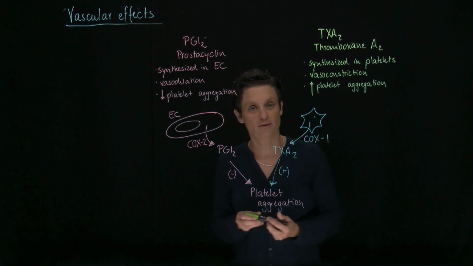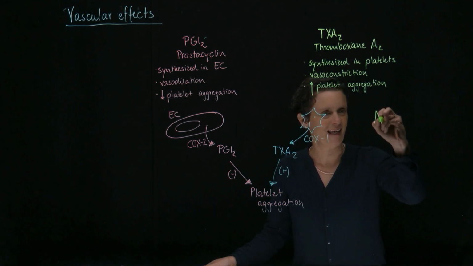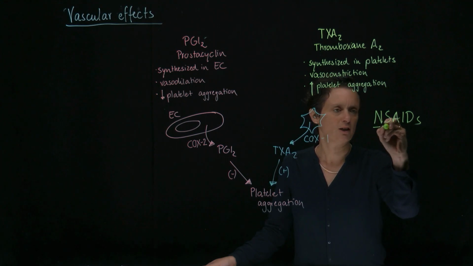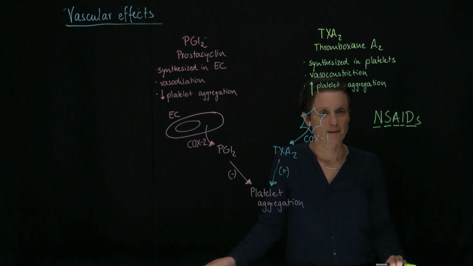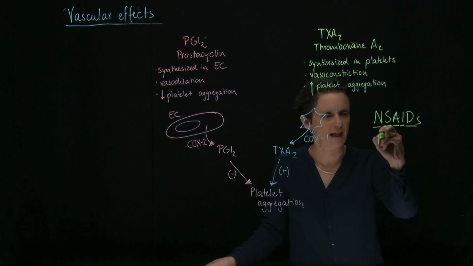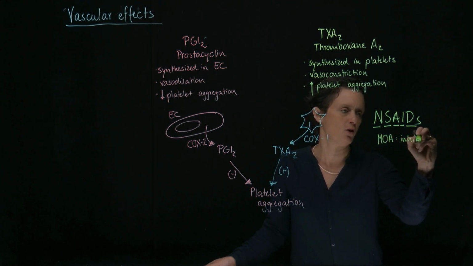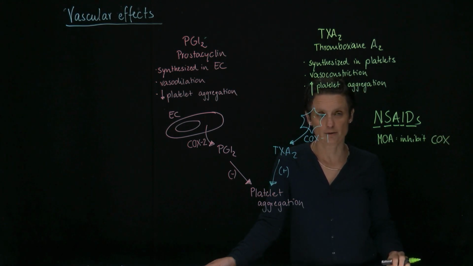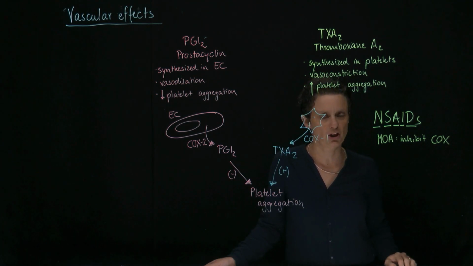So let's think about a very famous drug class that some of you may know, which are called the NSAIDs, which stands for non-steroidal anti-inflammatory drugs. So they're not steroids, but they're anti-inflammatory. Some of you may know what their mechanism of action is. They inhibit COX. And they are used for their anti-inflammatory properties because certain prostaglandins also trigger inflammation.